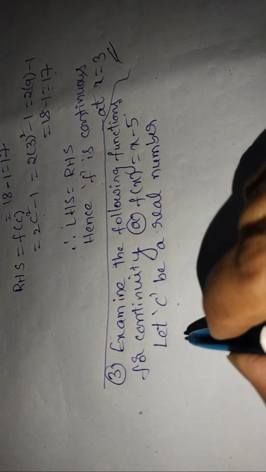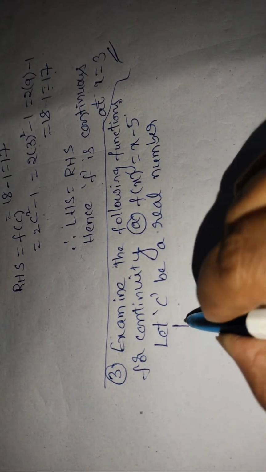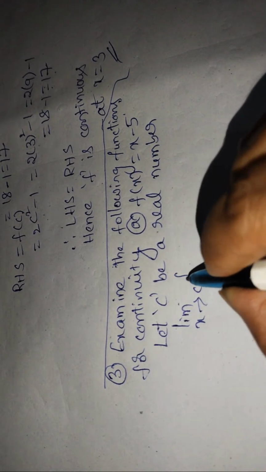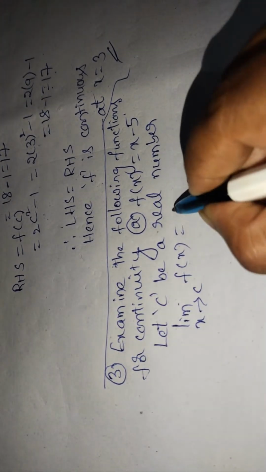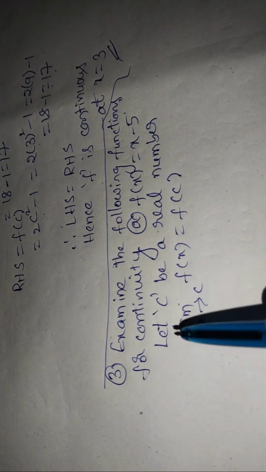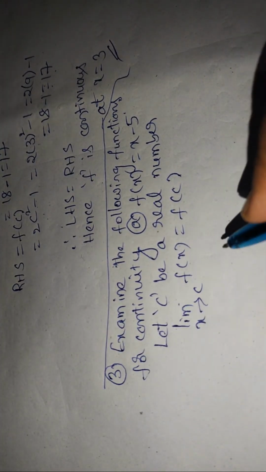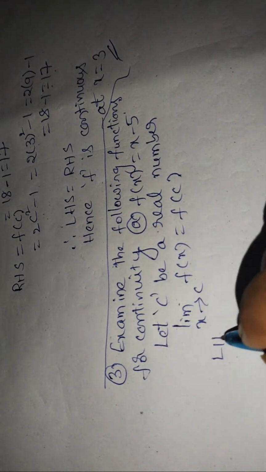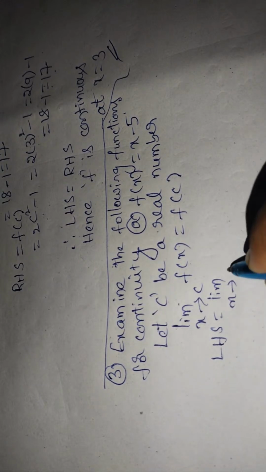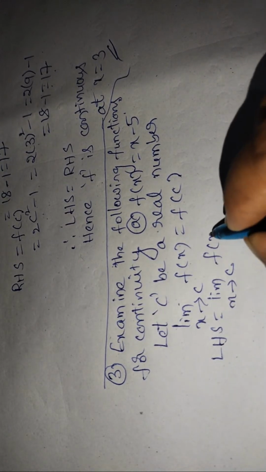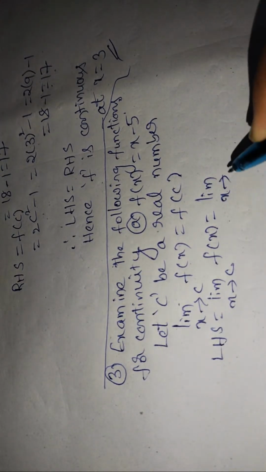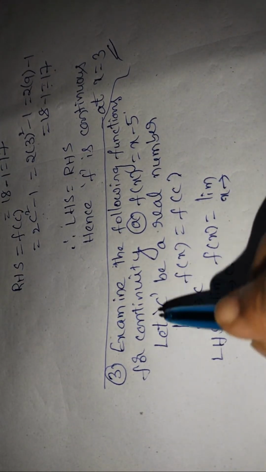So next, I'll write the formula. Limit x tends to c, f of x is equal to f of c. So I'll take first this LHS. What is LHS? Limit x tends to c, f of x, and I consider the real number is c.